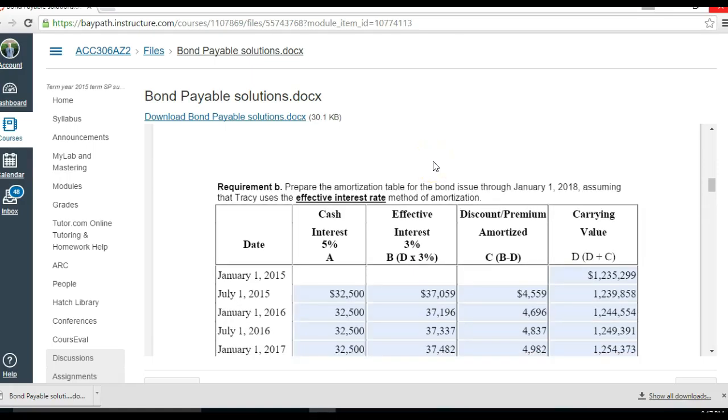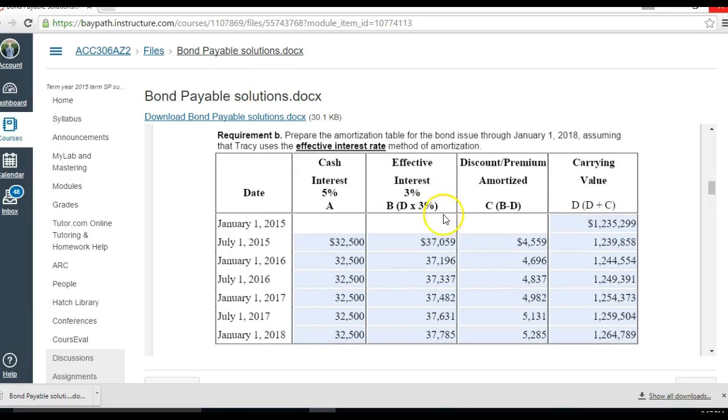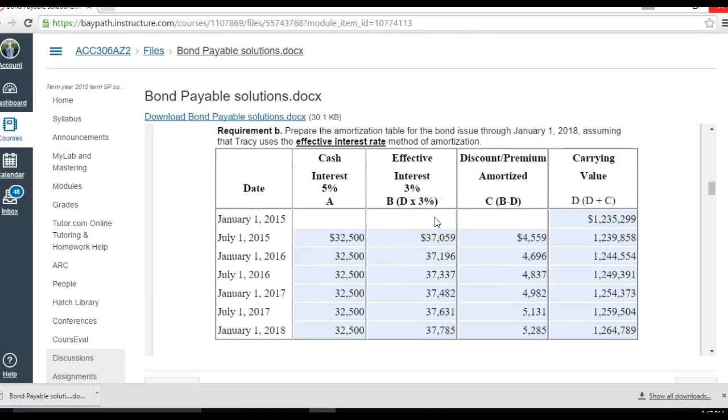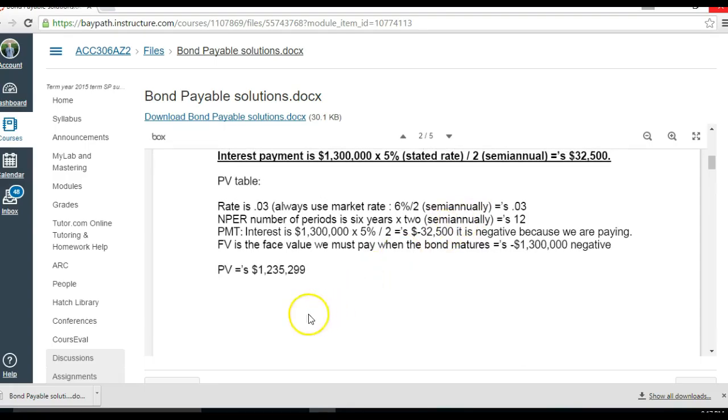Prepare the amortization schedule table for the bond issued. So we're essentially creating an effective interest table. Very important. The carrying value of the bond is $1,235,299, which is your present value.